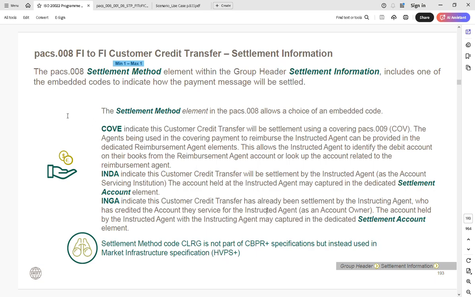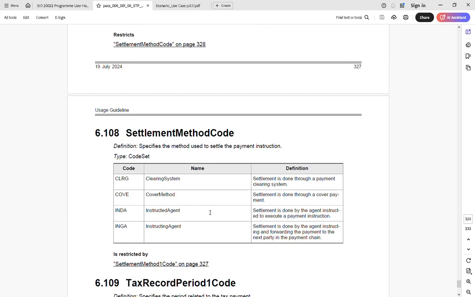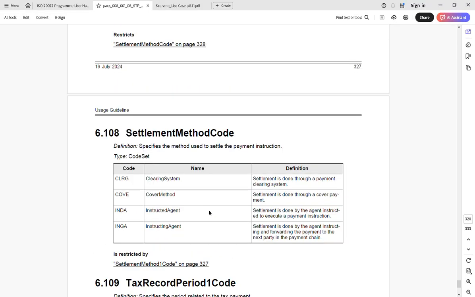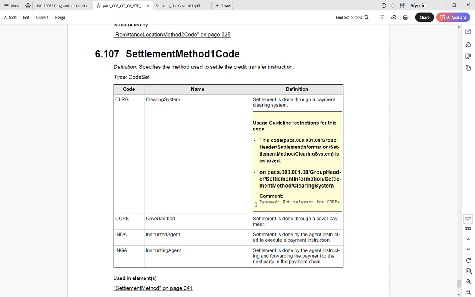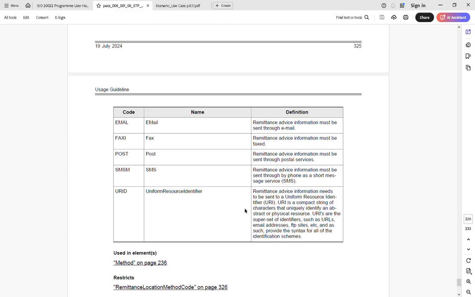Otherwise, below this field there is an account number field also, which says who is doing the settlement of the payment, but it's not mentioned here because it's not a mandatory field. But if you see this scenario here, it's clearing system, cover method, INDA, instructing forward to the payment of the next party. It is not mentioned here, otherwise I could have told you this as well.